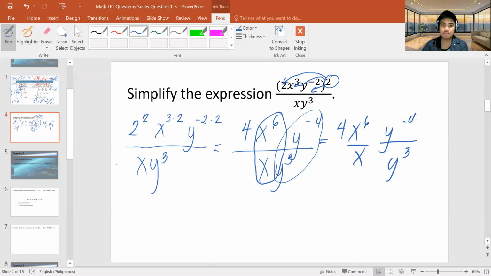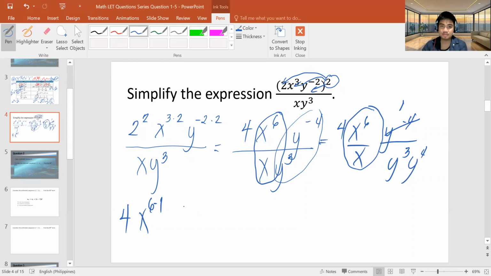So next, meron tayong division rule dito, quotient rule. So x raised to 6 tapos x, that will be x raised to 6 minus 1, and then ito naman, since negative, ibababa natin. So, magiging y na 4. So, wala na yan. Magiging 1 na yan. So, y cube and y power.